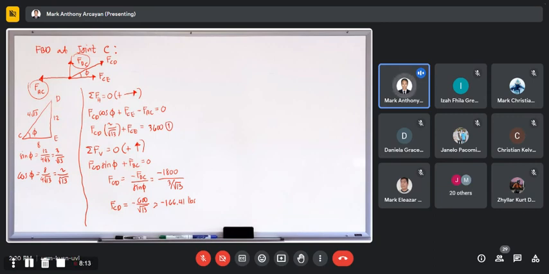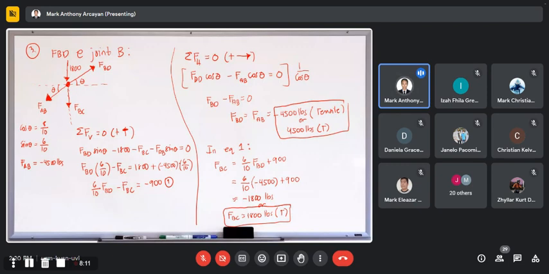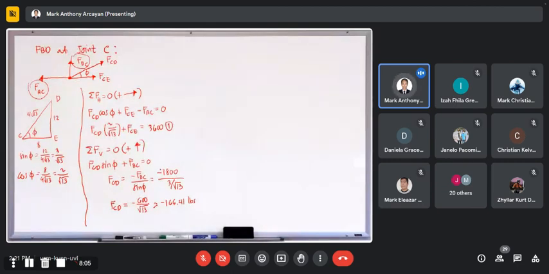Dili siya compressive, but tensile. Sorry, ang BC dito, ang original niya is negative. So BC is negative, so this must be negative. So positive na siya. So kay positive na, pasabot, compressive na siya. So FCD is compressive.